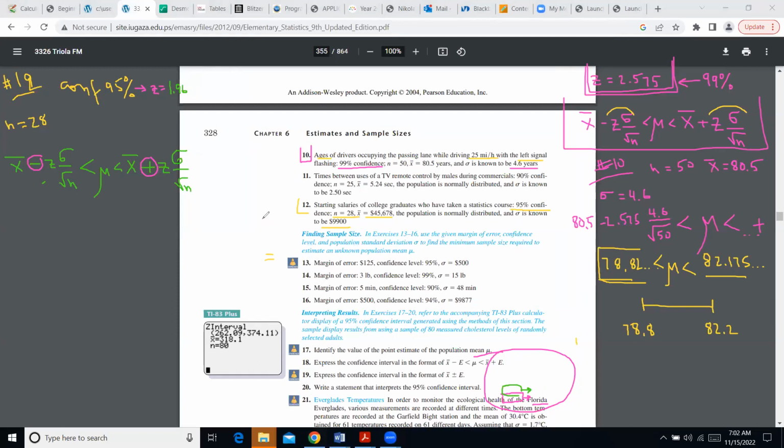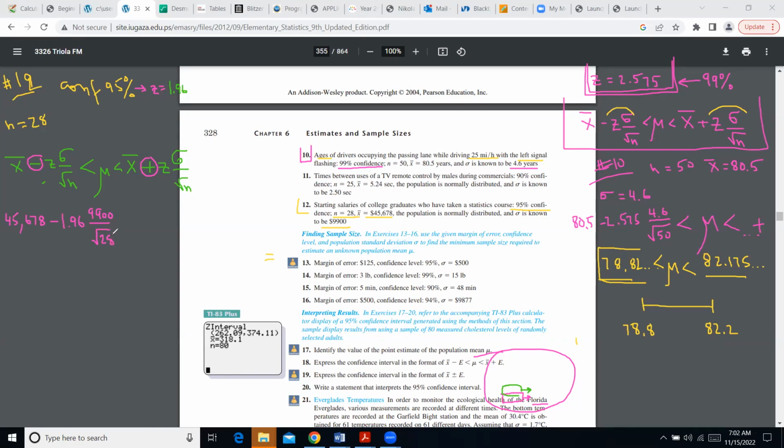So let me set this up for the left side as usual. For the sample mean, we use 45,678. Then we subtract the z-score, which is 1.96, multiplied by the fraction with a standard deviation of 9,900, which is also divided by the square root of 28.